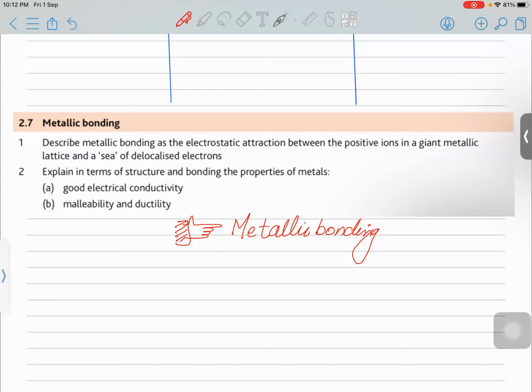Are you getting my point or not? Sir, can you repeat again? I told you that the first column of the periodic table is known as group 1. So they all have metallic bonding.